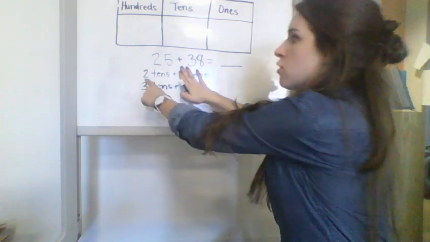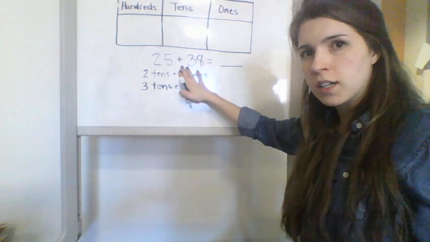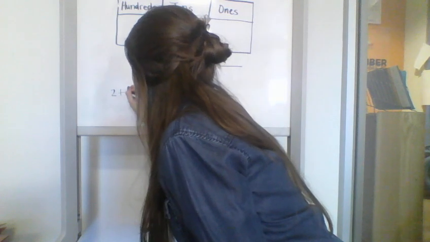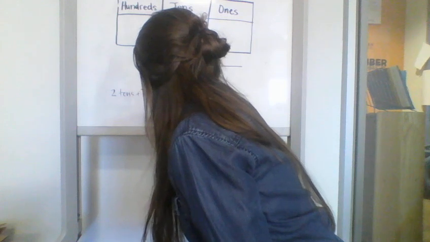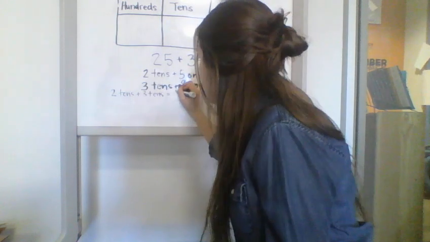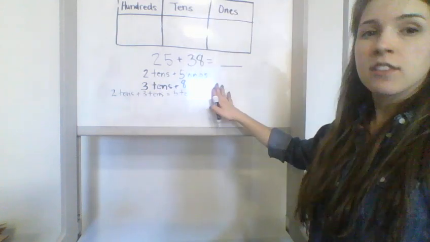So first, 2 tens plus 3 tens equals what? So 2 plus 3 equals 5. So 2 tens plus 3 tens equals 5 tens. So 5 groups of 10. Then go to the ones.